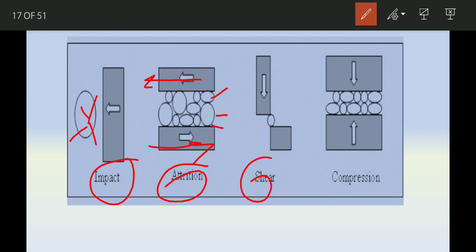In shear, one surface is stationary and one surface is moving, and the material is placed between these surfaces. Now in compression, both the surfaces move towards each other and compress the material which is placed between them.